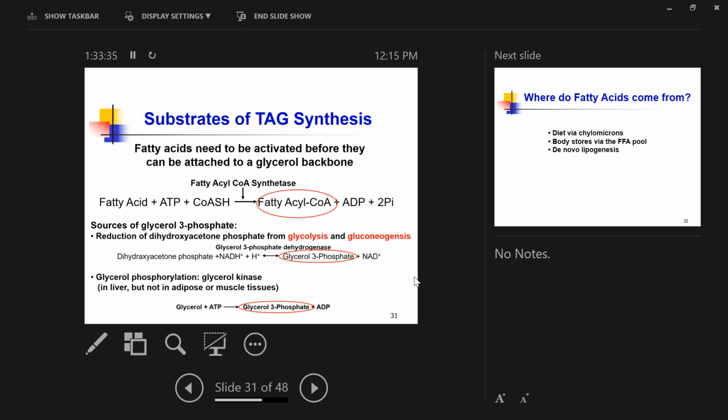In adipose tissue, glycerol 3-phosphate is generated from glycolysis from glucose. And in the liver, glycerol 3-phosphate can be generated from two pathways: one is glycolysis, and the other is directly from glycerol by glycerol kinase, right?